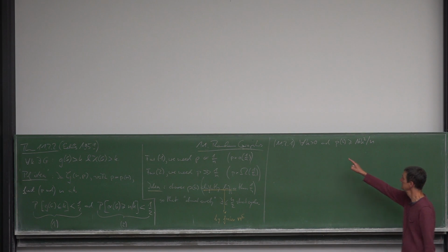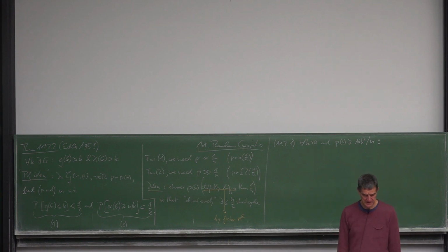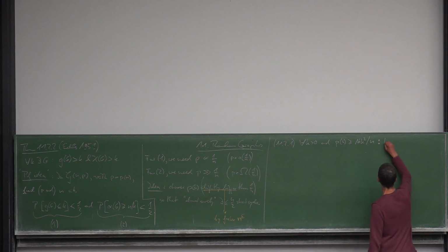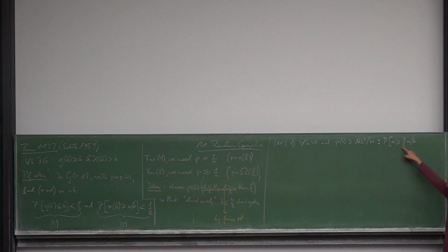So for all k and this probability, we have that the probabilities that alpha is large, and here, for the reason I mentioned earlier, we're a little choosier.